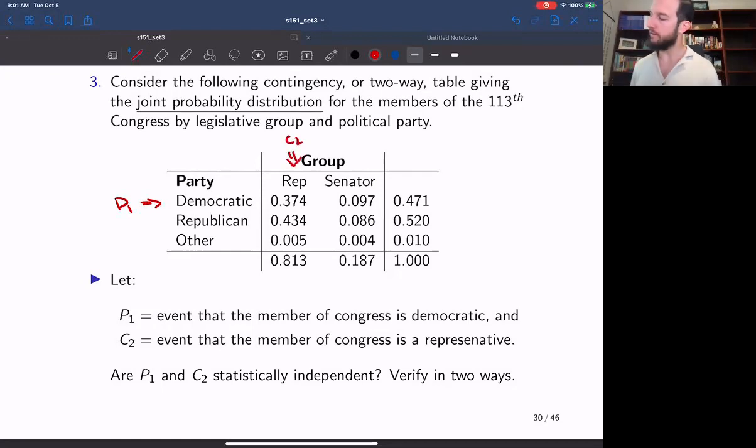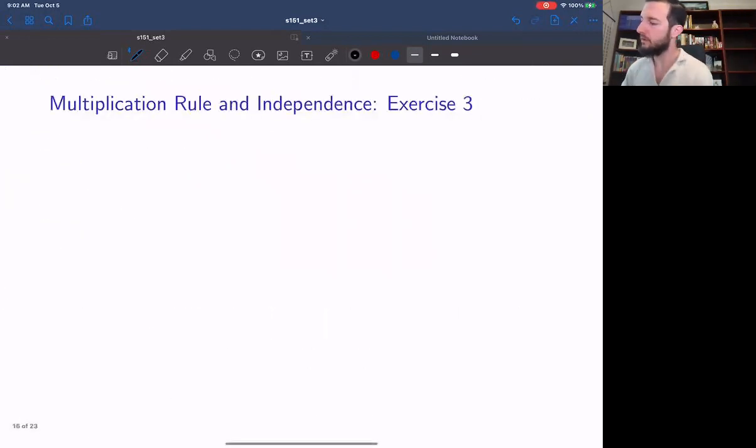So this is going to be our C2. Are P1 and C2 statistically independent? Verify in two ways. When we ask to verify in two ways, it means pick two out of the three formulas that were available to us for checking for independence. So we have three ways to check for independence.